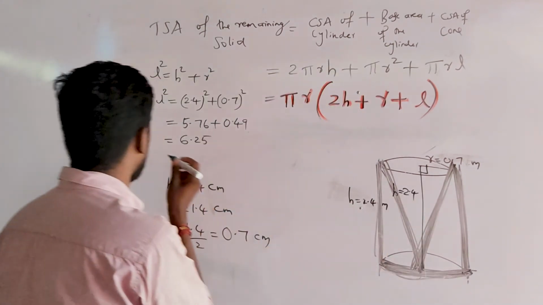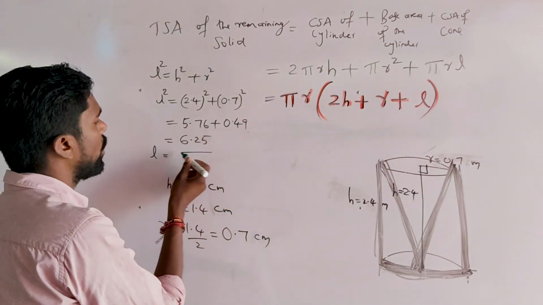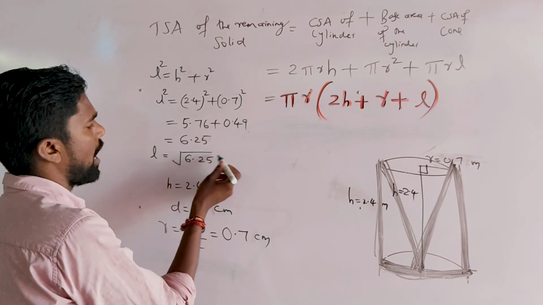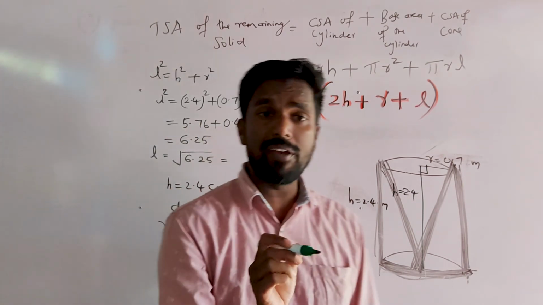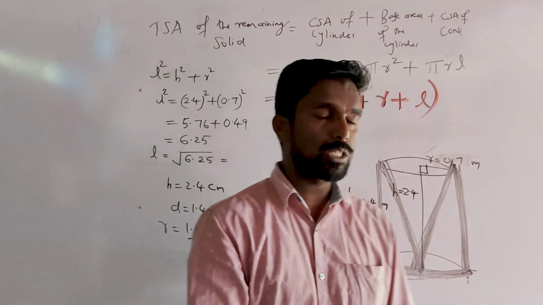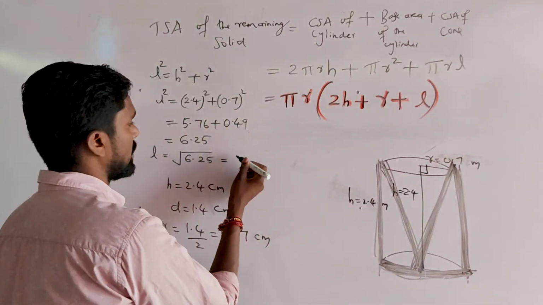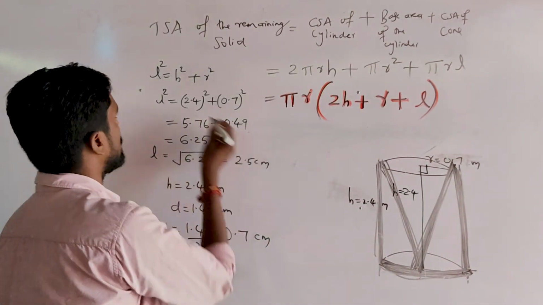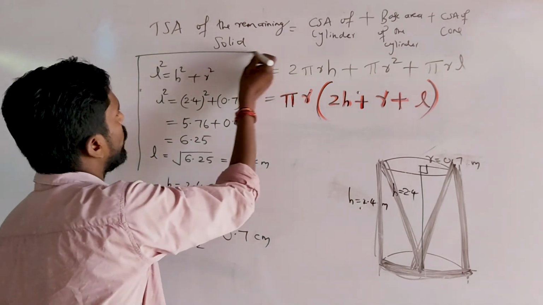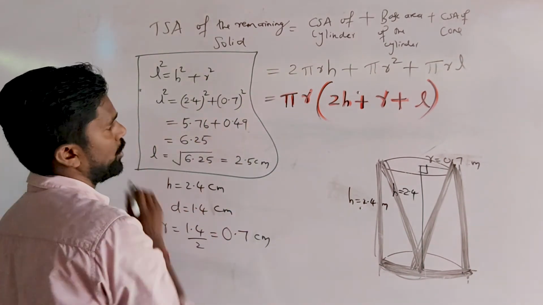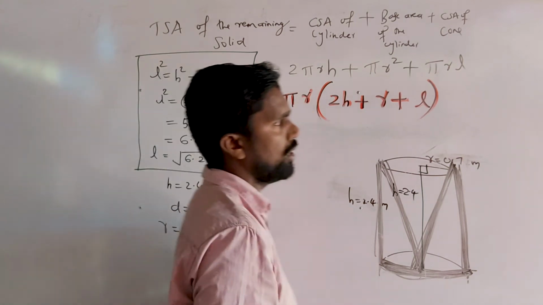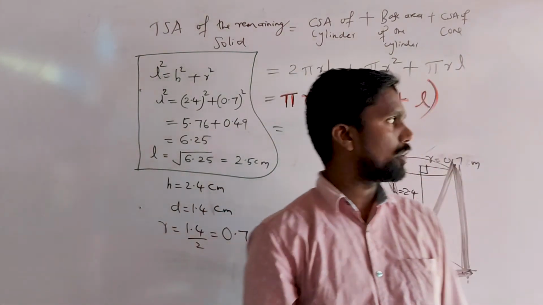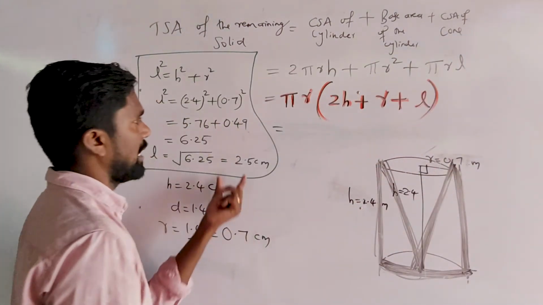Then l is equal to square root of 6.25. Square root of 625 is 25, so square root of 6.25 is 2.5 centimeter. Then only you can substitute values. So note down: l is equal to 2.5 centimeter.